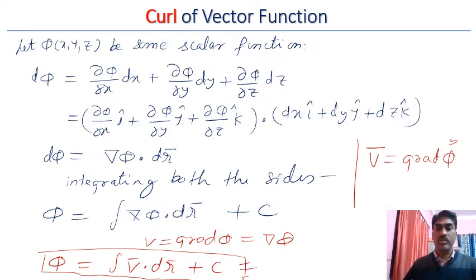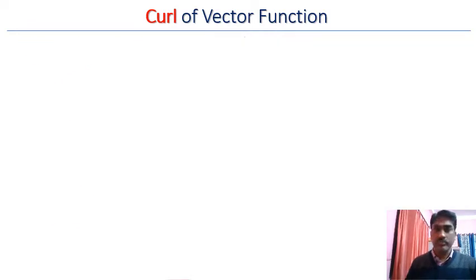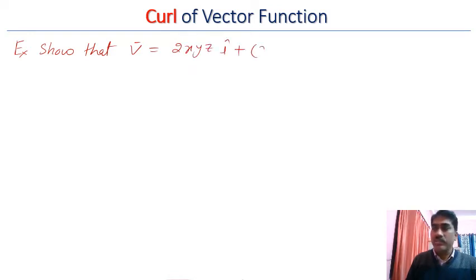So let us do a question and find this phi. Show that v is equal to 2xyz i plus (x square z plus 2y) j plus x square y k is irrotational.